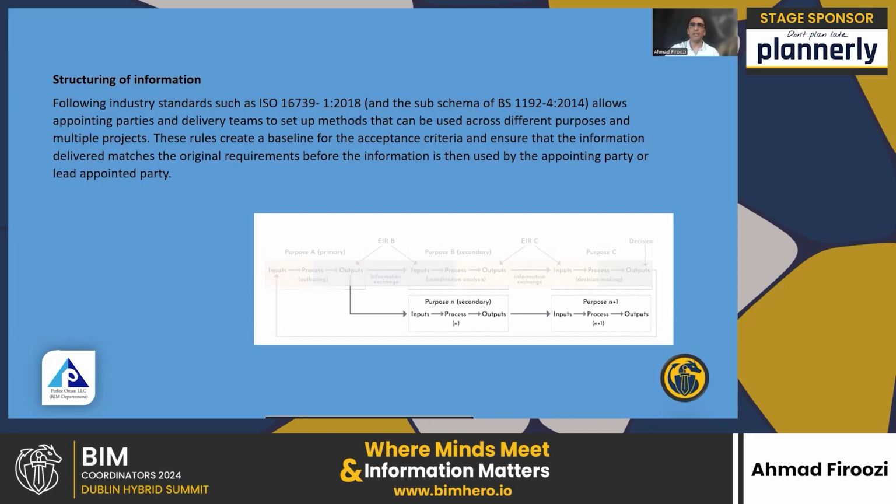For example, if changes in the design or construction schedule occur, AI can adapt the EIR to reflect new information requirements, ensuring that all stakeholders are informed of the latest requirements.